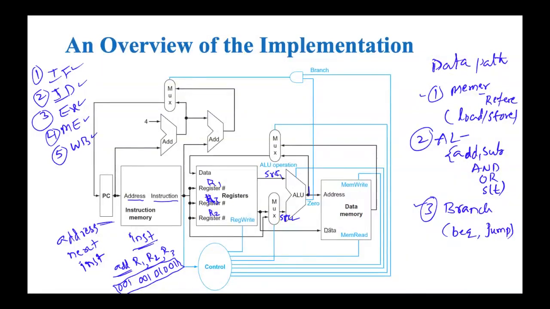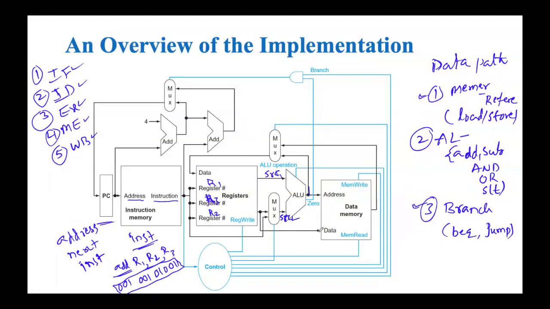The data memory has two inputs: one is address, another one is data. So what is the address? When the ALU is performing memory reference operations, that is load and store, or branch instructions, the data memory is activated and takes two inputs, one from the ALU and one from the register file. The output of your register file is in the form of data, the values.